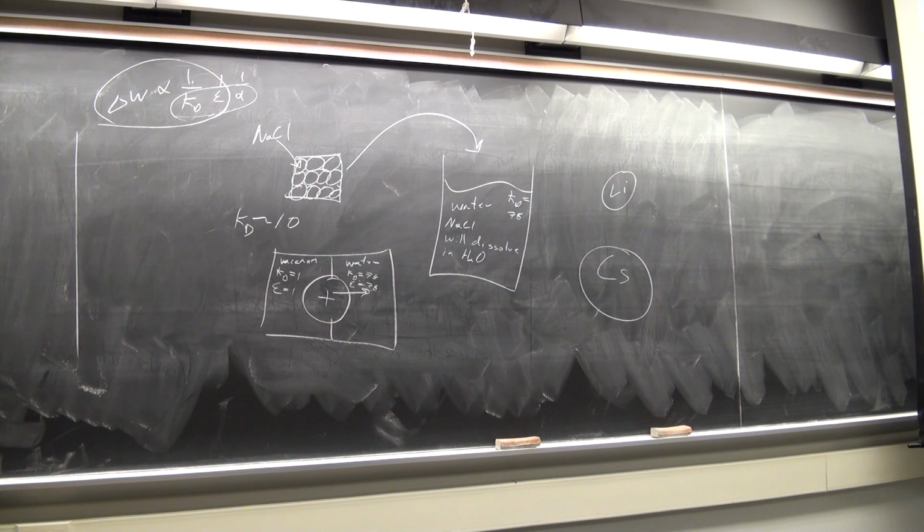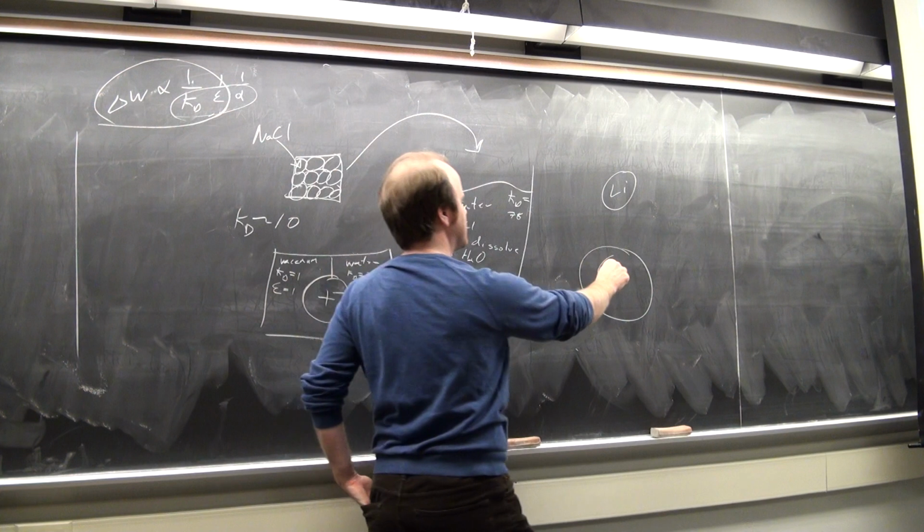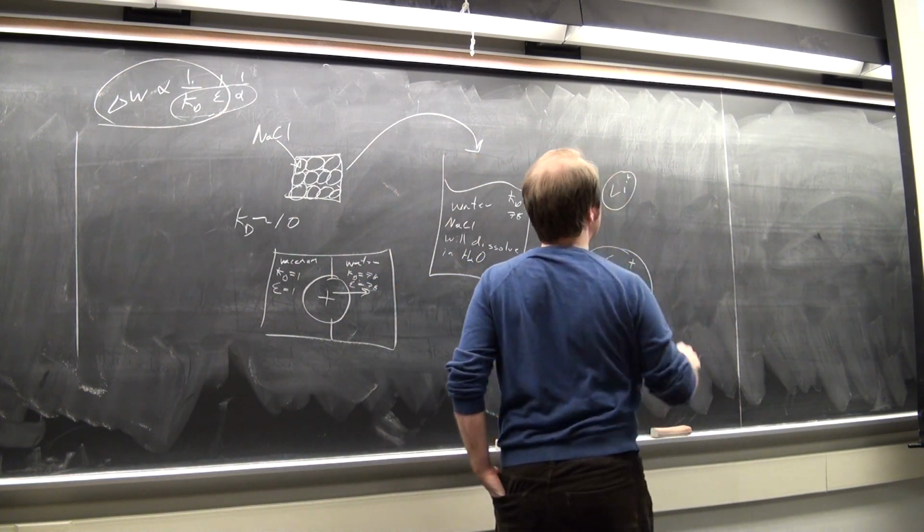We can look at our periodic table, and cesium has 56 electrons, and lithium's only got 3, right? And so when we put an ion into water, it's going to be cesium plus with 55 electrons. Lithium plus only has 2 electrons.